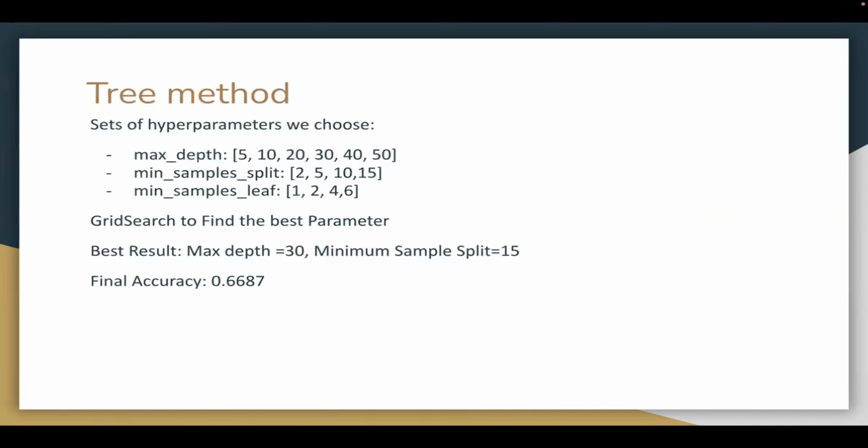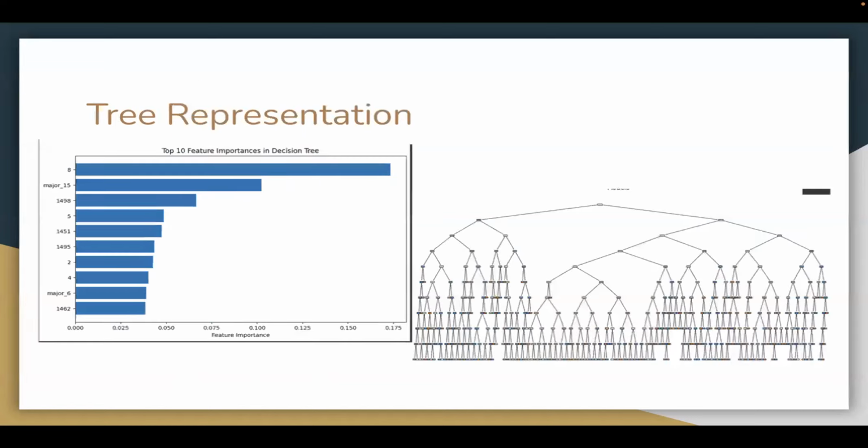We then perform different sets of parameters for the tree methods for the max depth, min sample split, and the min sample leaves. And then we perform the search to find the best parameters. However, our final accuracy is still 67%. We draw the trees in graph representation.